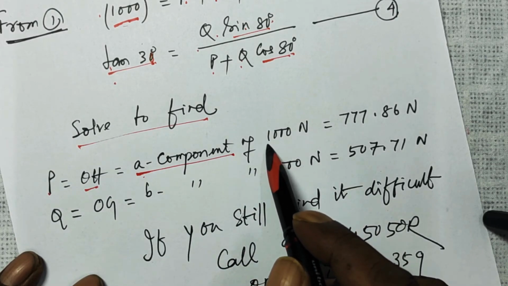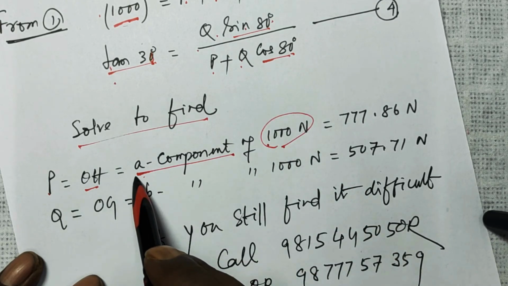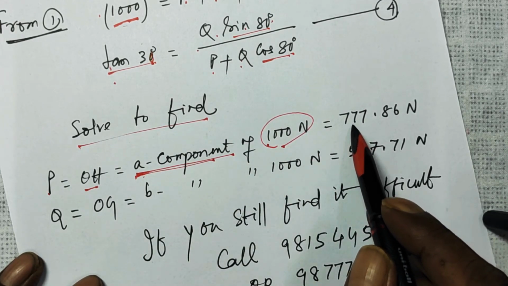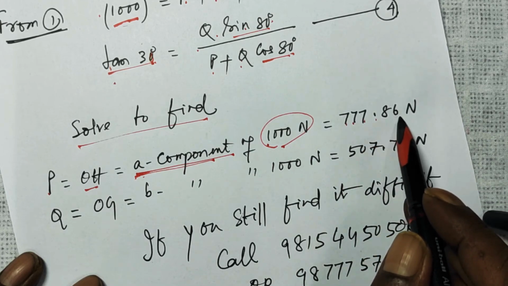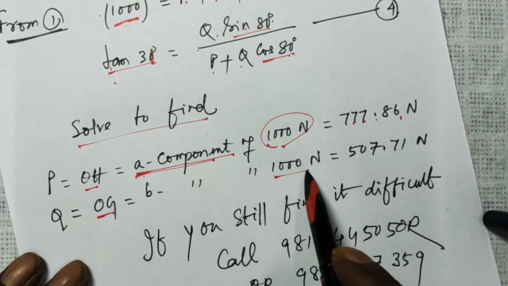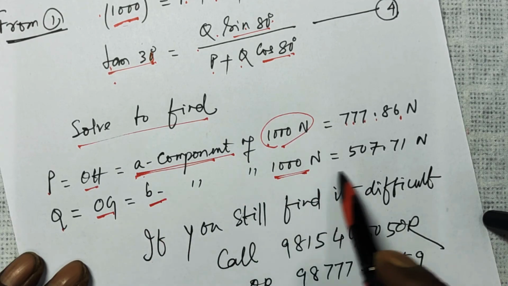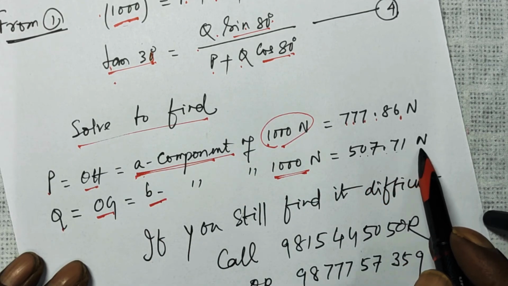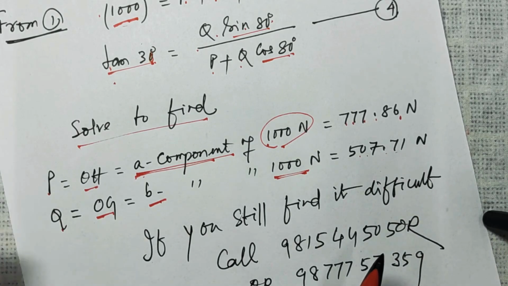Solve to find P, that is equal to OH, the A component. The component of 1000 Newton along the A axis comes out to be 777.86 Newton. Q is equal to OG, the component of 1000 Newton along the B axis, comes out to be 507.71 Newton, right?